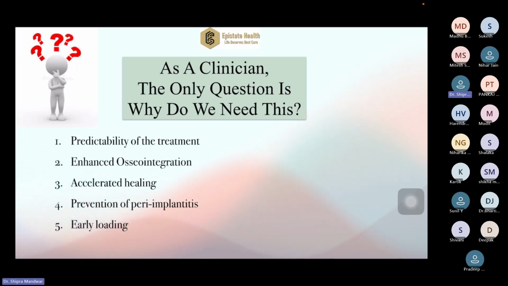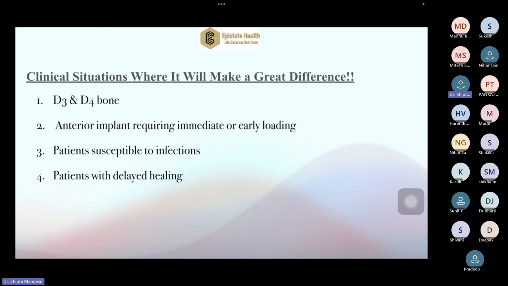This will automatically reduce the chances of peri-implantitis infection after placing implants, which we clinicians all fear at some time or other. And of course, early loading, because we need to rehabilitate immediately or within a day or within 15 days, and plasma allows us to do so.